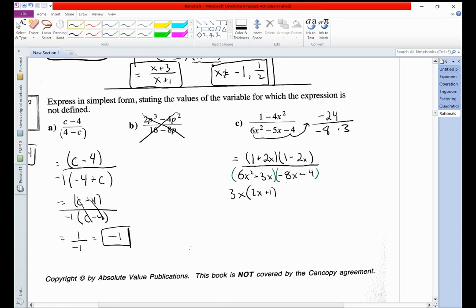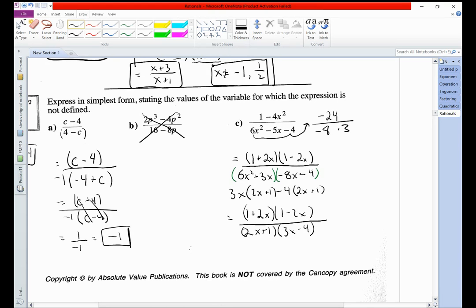And in the second one, I can pull out a negative 4. So I'm left with 2x plus 1. So now I have 1 plus 2x, 1 minus 2x in the top, and then I have 2x plus 1 and 3x minus 4 in the bottom.